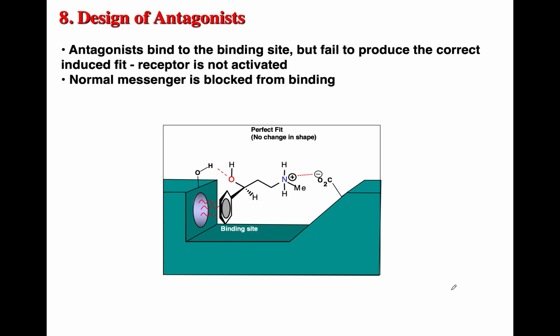Now, in this particular case, because we may have studied the structure of the receptor, we can design a molecule that will have a perfect fit. It comes in, binds to it, and so the type of induced fit that will be seen here will be very different than what you will see with a natural messenger.